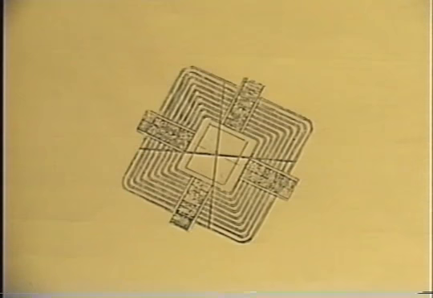Study Kukulkan from above. What do we see? Do we not see a 4-sided pyramid with 4 staircases, 9 terraces, and 365 steps? Basically, that's all we need to explain why it is where it is.